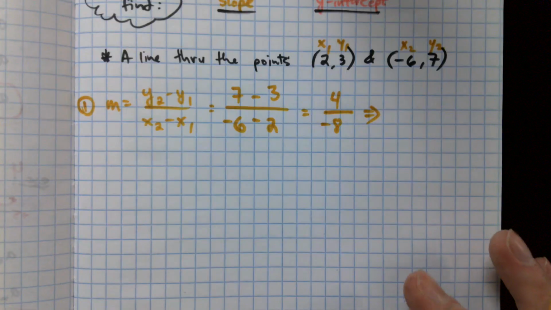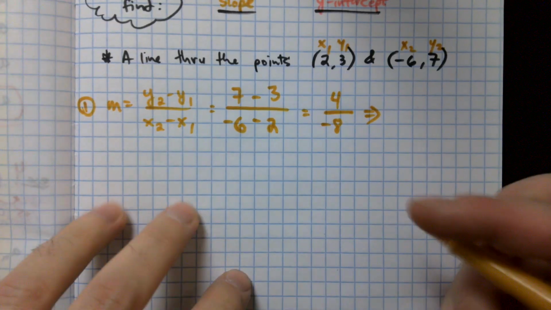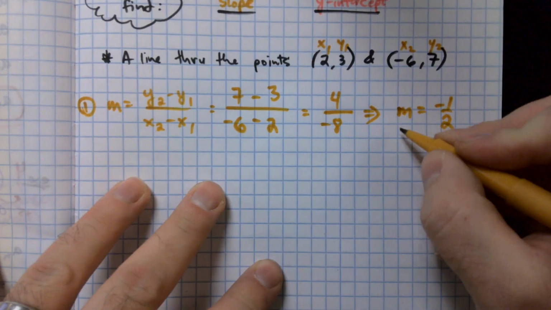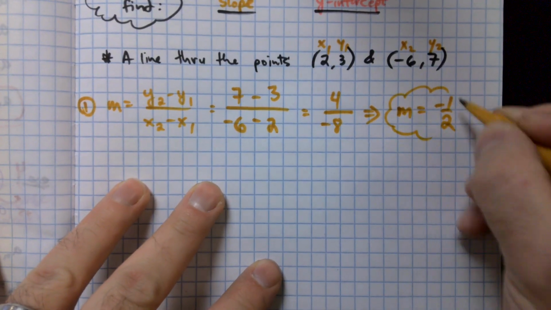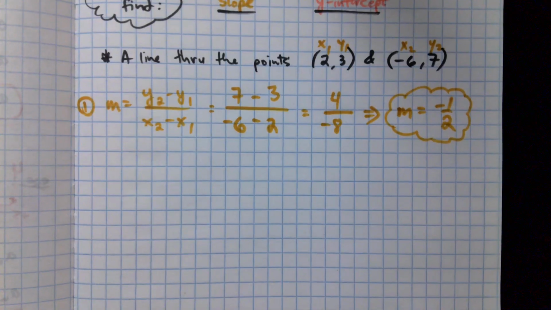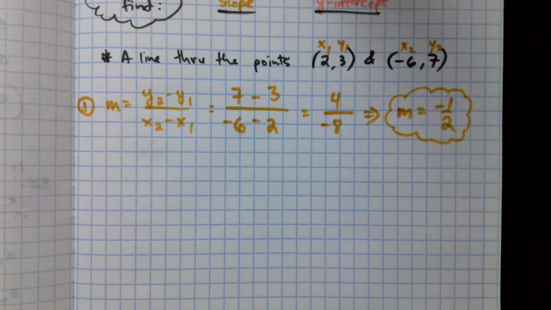How can I simplify 4 over negative 8? What is that going to look like? Negative 1/2. All right? Everybody cool with that?